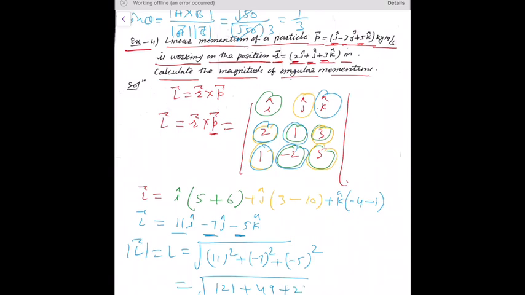So 121 plus 49 plus 25. So under root 195 kilogram meter square per second.